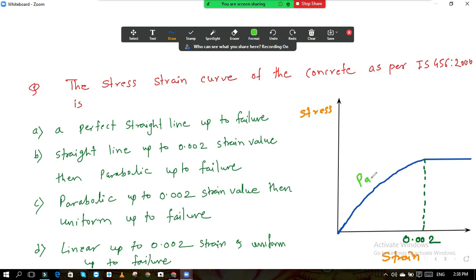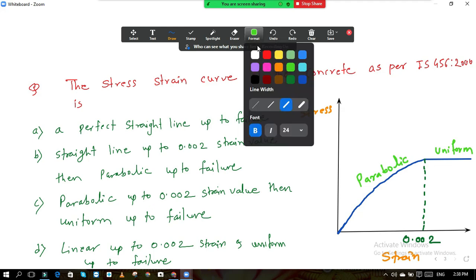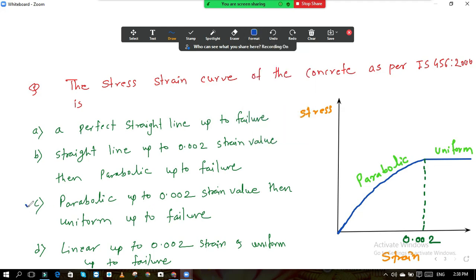It is parabolic. And here it is uniform. Uniform means straight. So up to the strain value of 0.005, it is parabolic and then it is uniform. So your answer must be answer C.